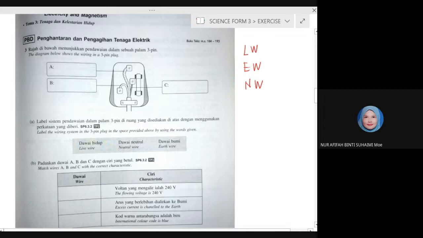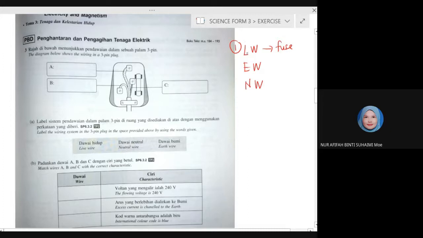Okay, live wire has a position, must be connected to the fuse. Remember this one only, live wire must be next to the fuse. Why must it be next to the fuse?